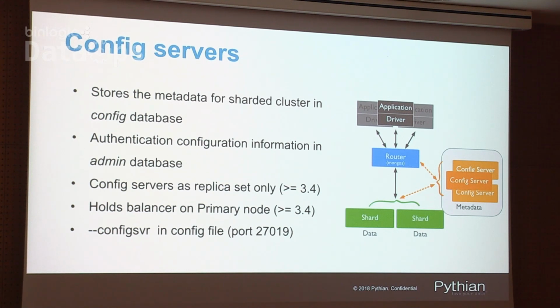Starting with MongoDB 3.4, the balancer is also a process that runs on the primary node of the config server. This section of the cluster is also a replica set, to have high availability. If this goes down, you will still be able to use the cluster.